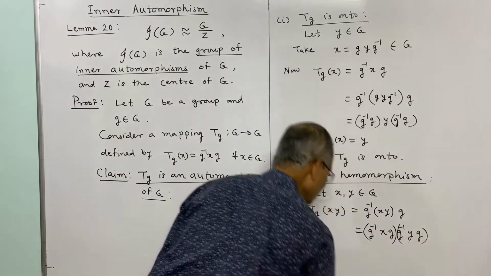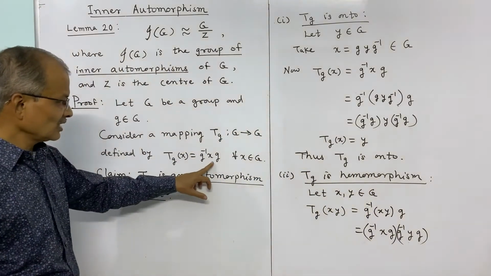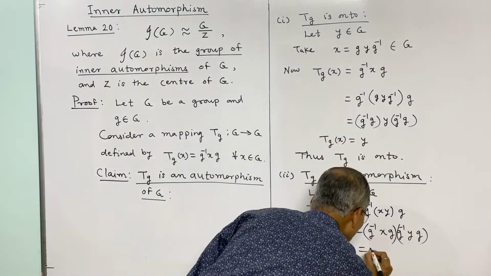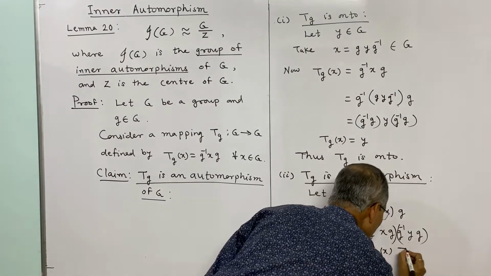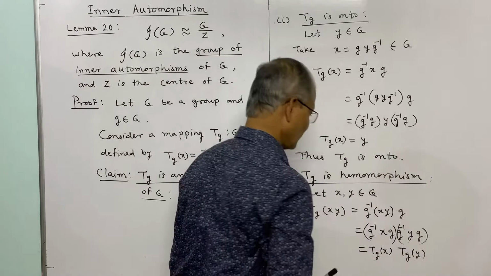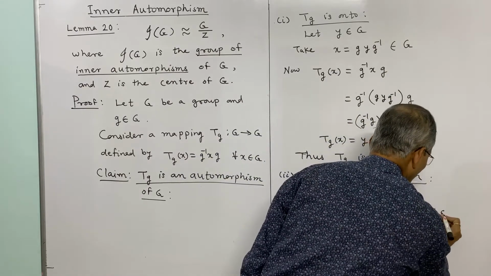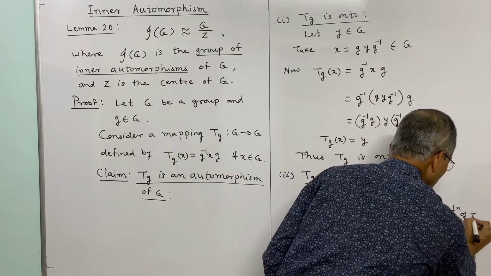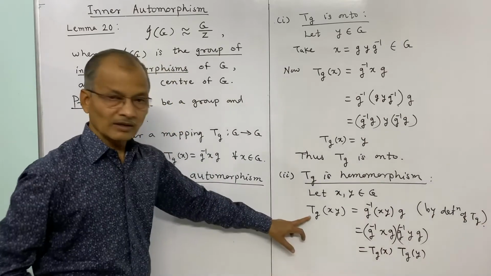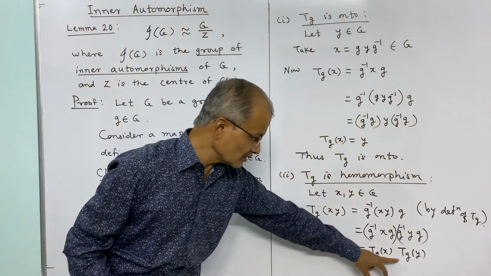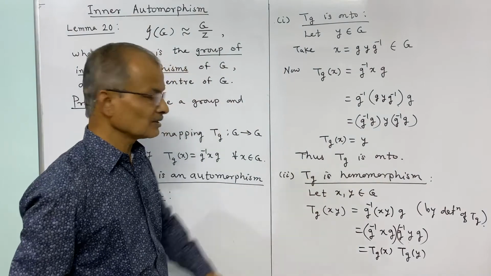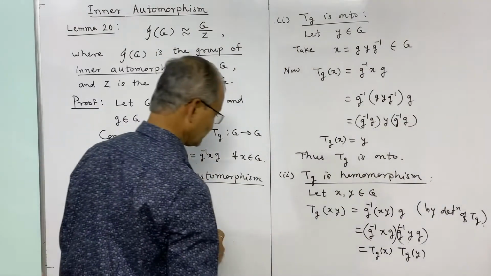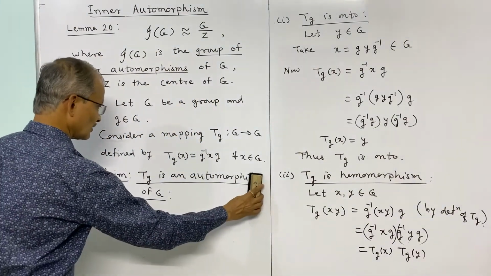First, by definition, g inverse x g is Tg of x, and this is Tg of y, by definition of Tg. And thus we have shown Tg of xy is equal to Tg of x into Tg of y, and thus Tg is a homomorphism. So therefore we have proved it is a homomorphism. So I shall continue to write here.